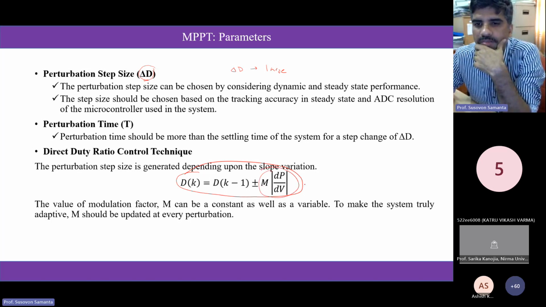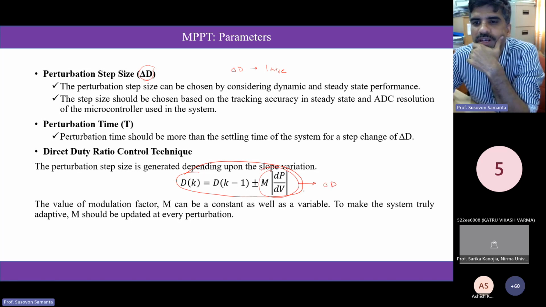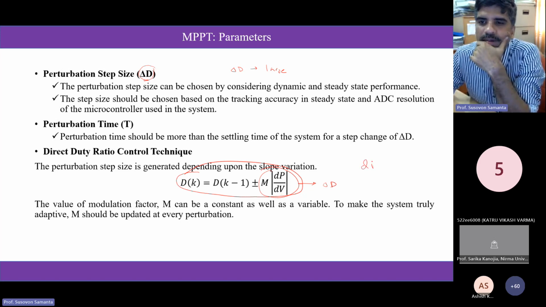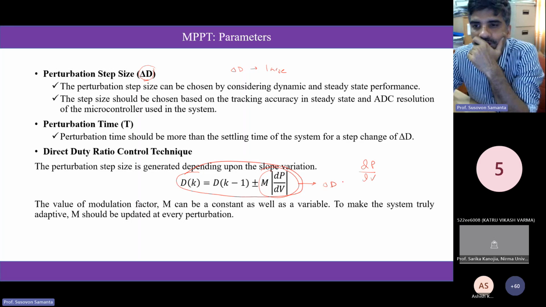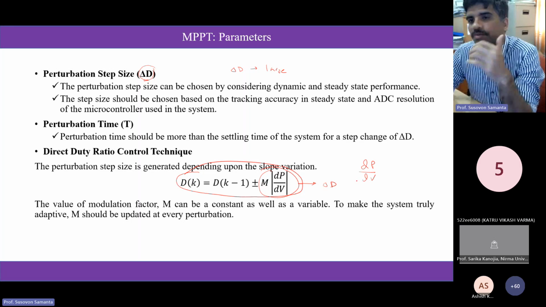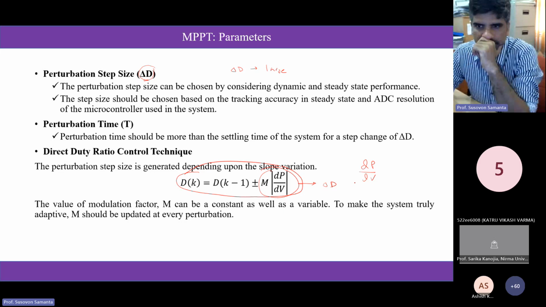This is basically nothing but your delta D. You can choose this delta D like m into dP by dV. Okay, why? Because dP by dV is what? The slope. So the slope will be large when it is far away from the MPP point, and then your delta D will be more.